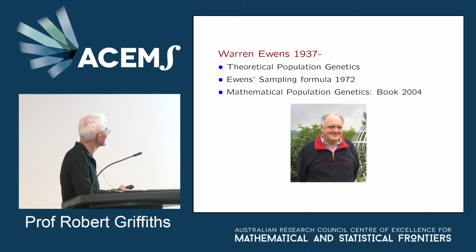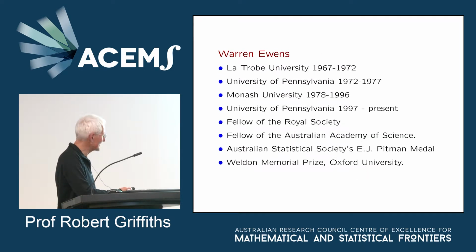Warren Ewens has worked in theoretical population genetics. He's famous for what's called the Ewens sampling formula, 1972. He's got a book in 2004. It's a picture of Warren. Some of you may know Warren, so Warren has Australian connections. Here he is at La Trobe University.